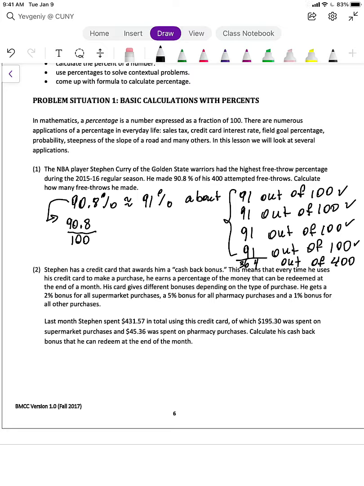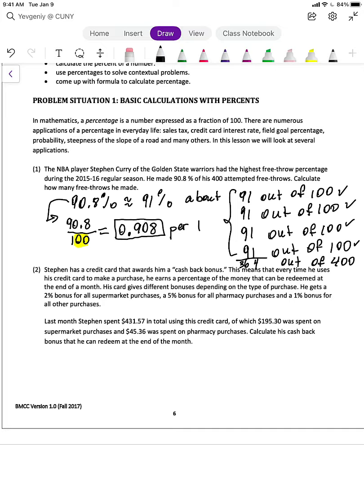So you can write it as a decimal or as a fraction, and then you can either use a calculator or remember that whenever you're dividing by 100, the decimal point moves two places to the left, so you get 0.908, which is out of 1, and that's per 1. So for each one, you get 0.908.